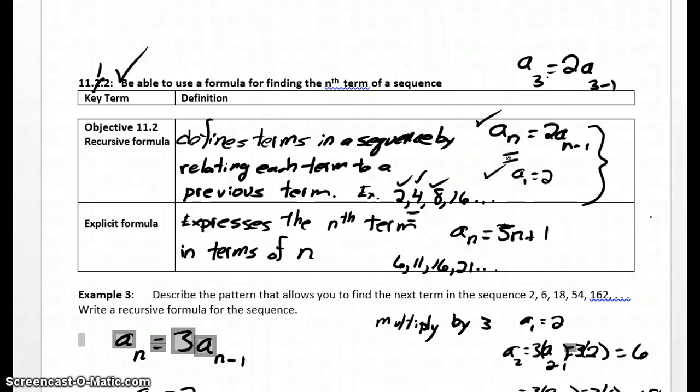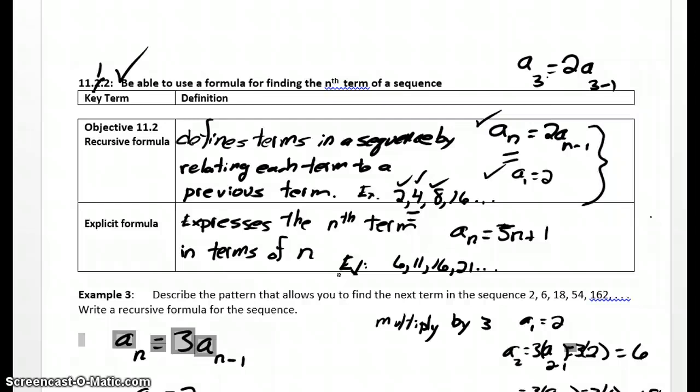The explicit formula is much like a regular function that you're familiar with. It expresses the nth term in terms of n. For example, let's look at this sequence. 6, 11, 16, 21. And if I keep on going, we get 26, 31, 36, and so forth. And you can quickly see that that sequence is defined by the explicit formula a sub n equals 5n plus 1.